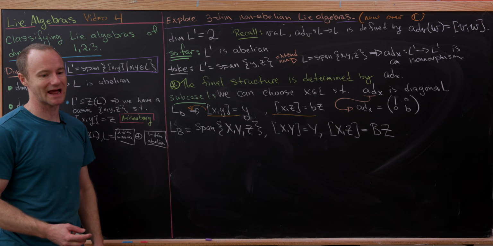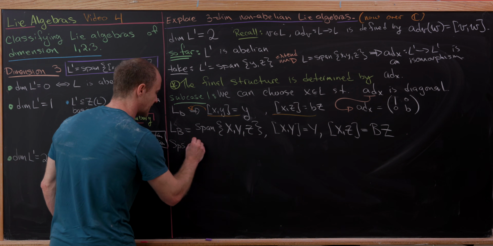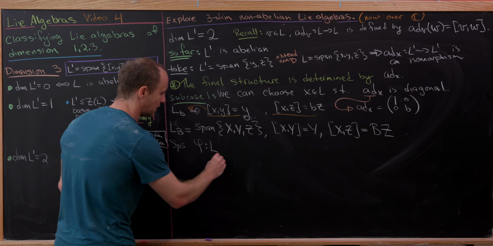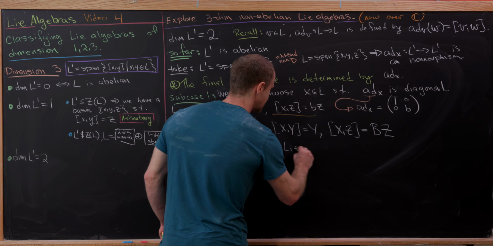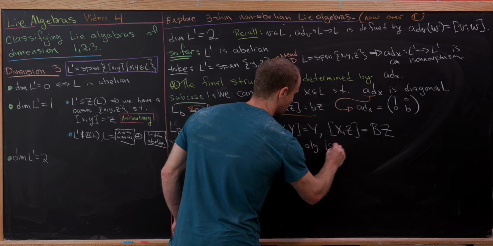So that's what we want to get at. Let's suppose that phi going from L lowercase b to L uppercase B is a Lie algebra isomorphism.